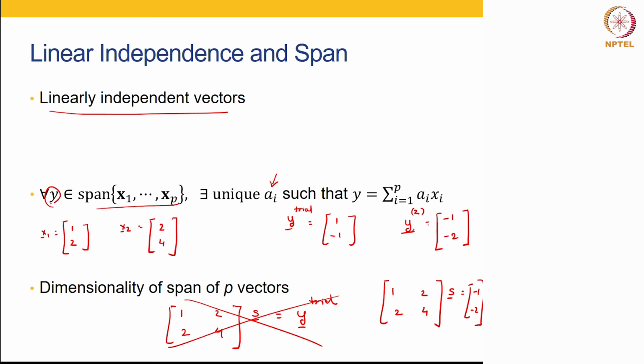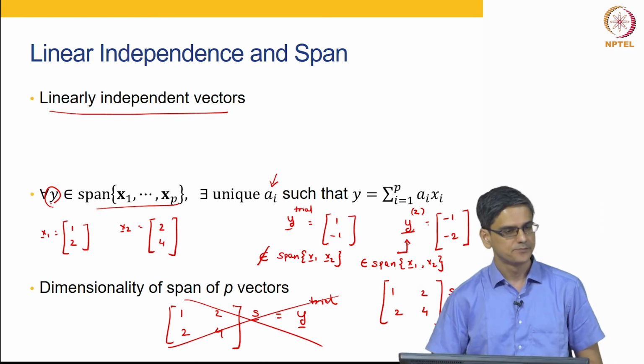What we are now saying is that this guy is an element of the span of x1 bar and x2 bar. This other one is not an element of the span of x1 bar and x2 bar. Okay.